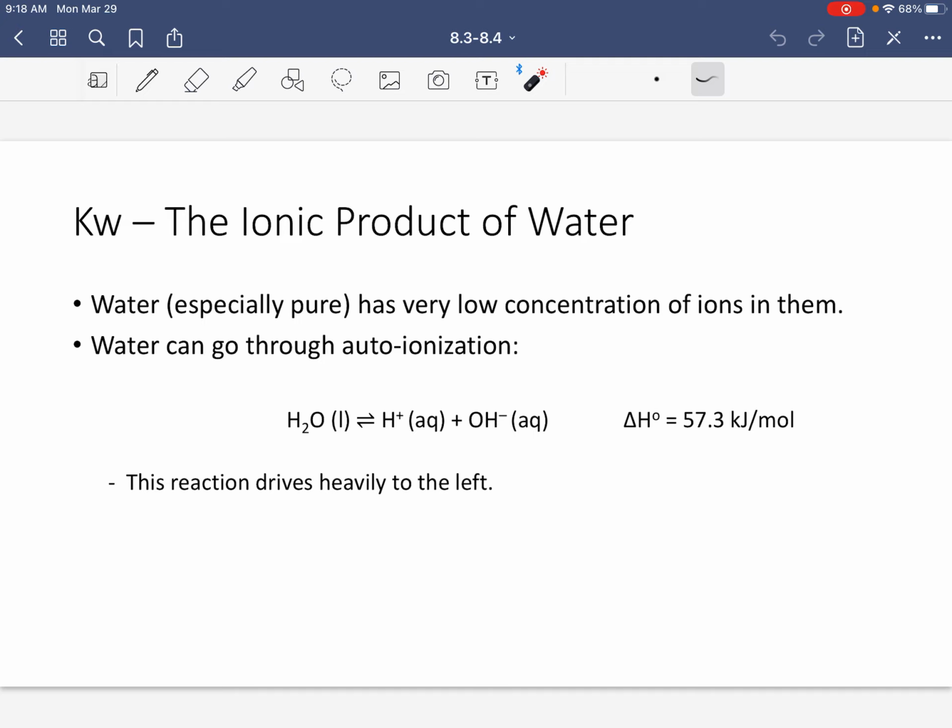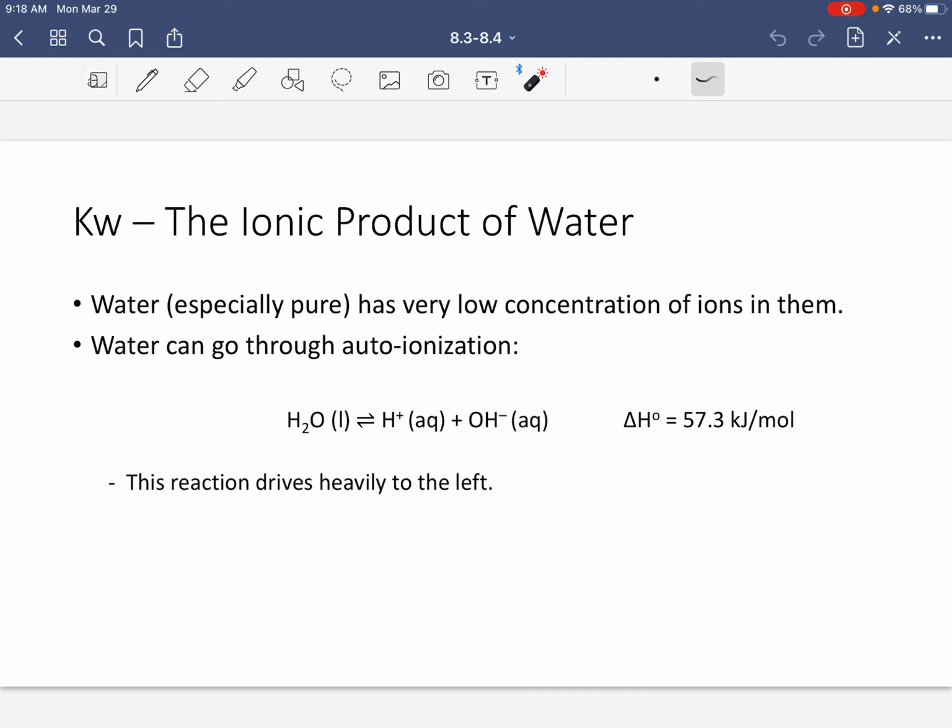Yes, you're going to have a lower pH because the H+ concentration is higher, but overall your water is still neutral. Don't tell me that your water is acidic just because you boil it. I don't recall boiled water tasting sour. No, it doesn't. It's still neutral, it's just that the pH will be lower.